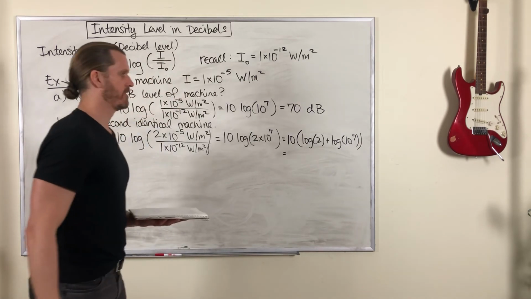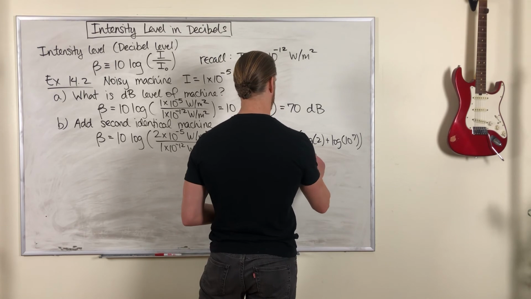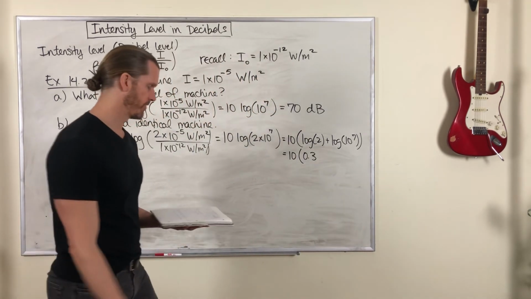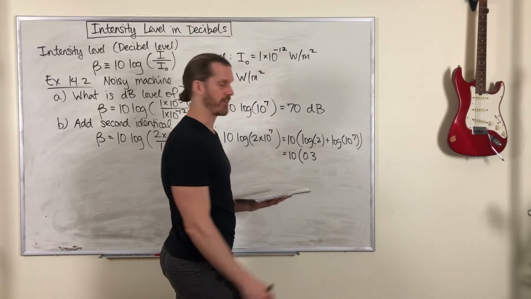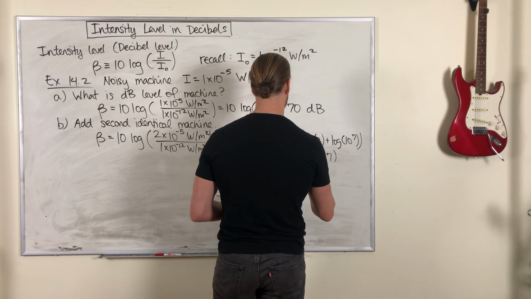And a handy fact to keep in mind is that the log of 2 is about 0.3. The log of 10 to the 7 is 7. So this equals 73 decibels.